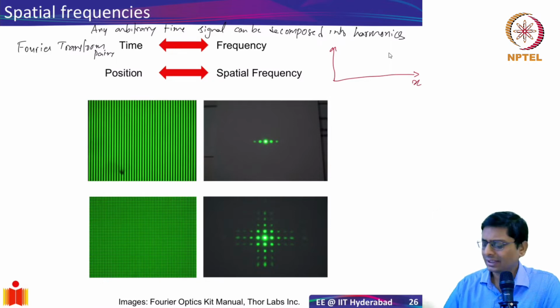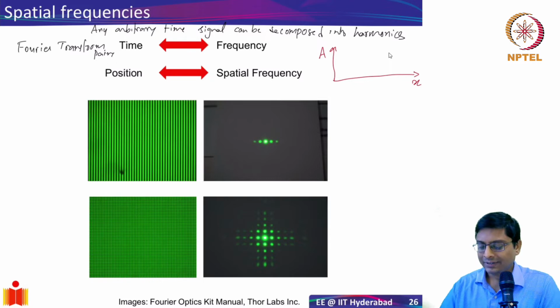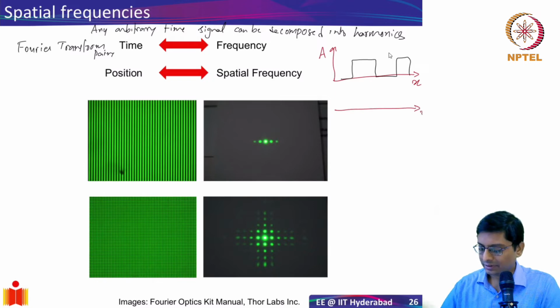So this is x, this is some amplitude, let's say a. Now I can have a signal which is varying in space like this, so I can define a spatial frequency associated with that. Now let's assume I have drawn this. Now I have another, just for example, periodic variation of this form, let's say in blue.